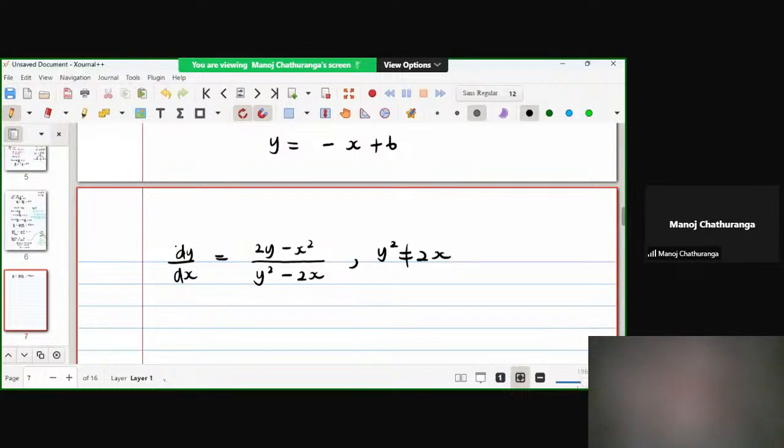This formula works if y squared is different from 2x. The problem with y squared equals 2x is that at those points we'll have vertical tangent lines.